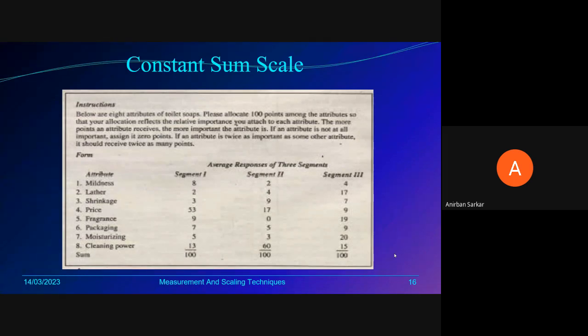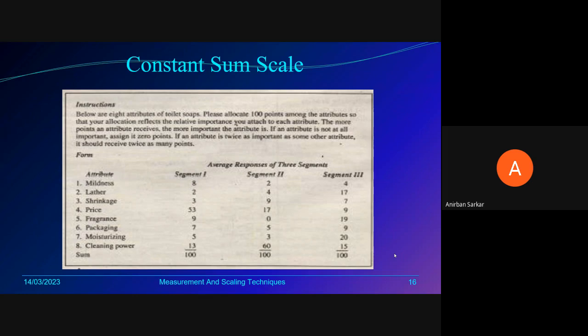Constant sum scale means 100 points. Constant is 100. 100 points are being allocated to 8 attributes or characteristics of toilet soaps by different segments of consumers. Now, just by seeing this table of data, do you have any idea about the characteristics of the consumers?